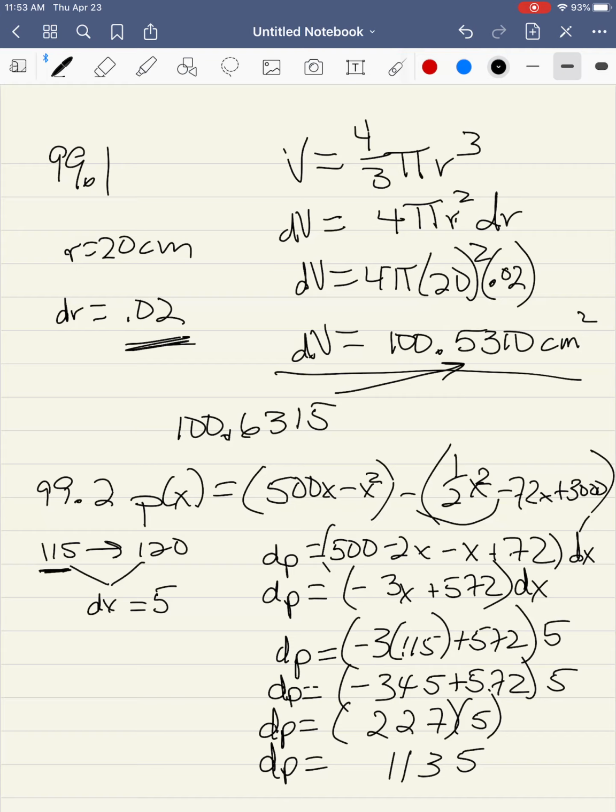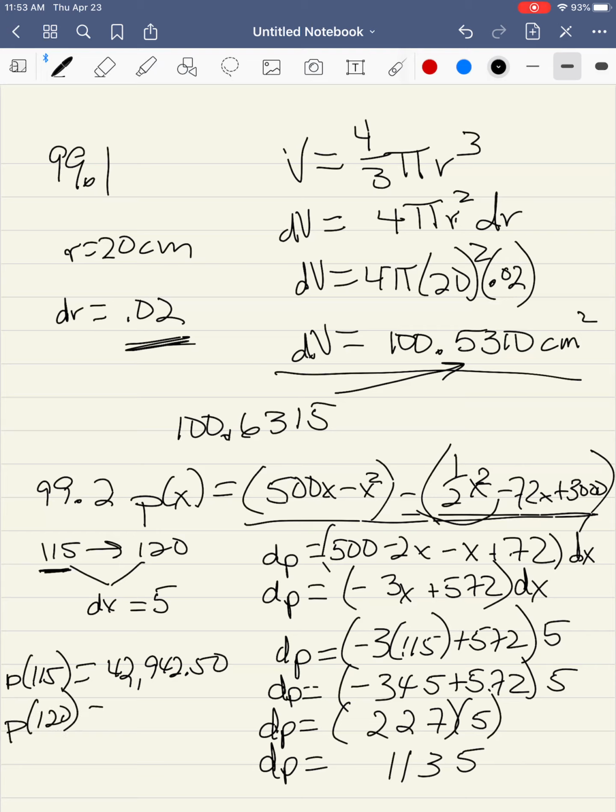Now, if we go back and plug 115 into this equation, that would be equal to $42,942.50. And then if we plug in 120, that's equal to $44,040.